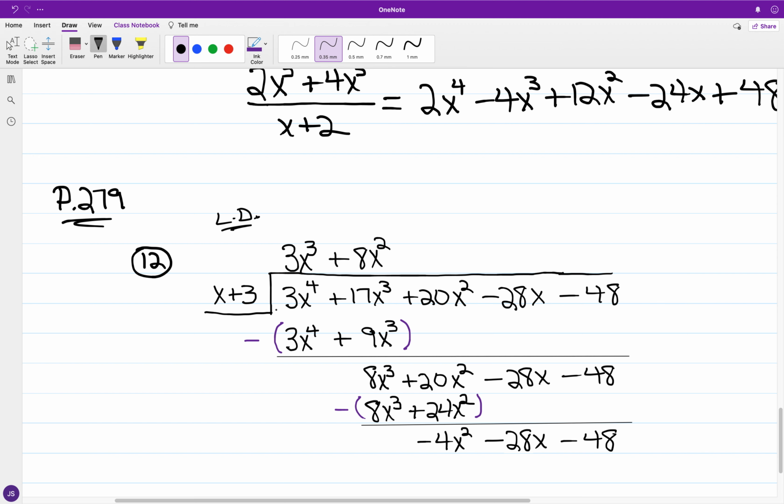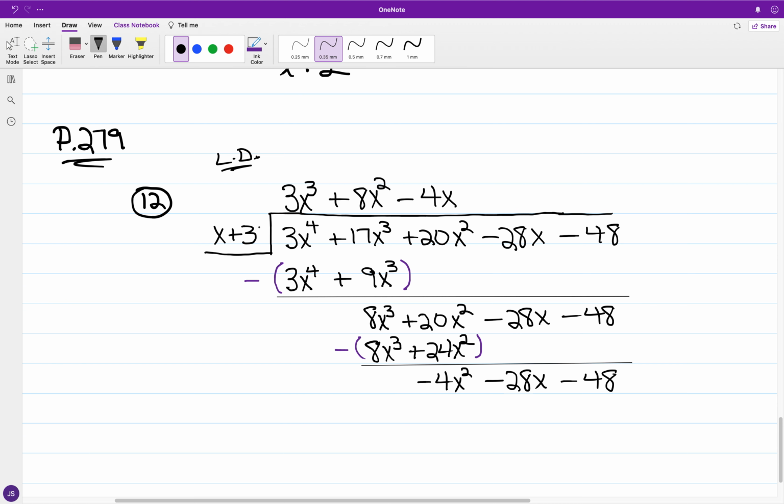For the next term of the quotient, I take x into negative 4x squared, so we have a negative 4x. And then distributing negative 4x over all of x plus 3, we have negative 4x squared, and negative 4x times 3 is going to be a negative 12x.